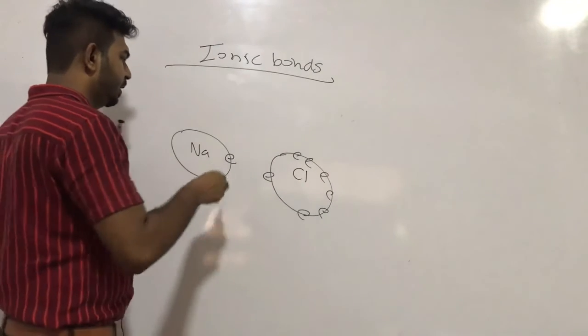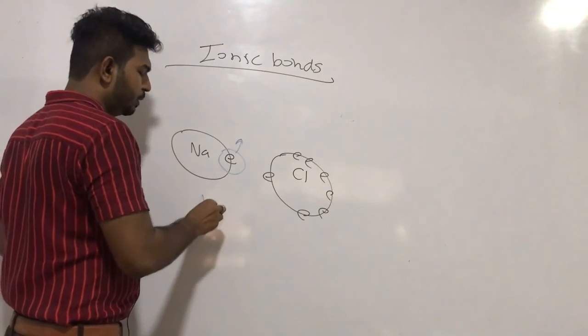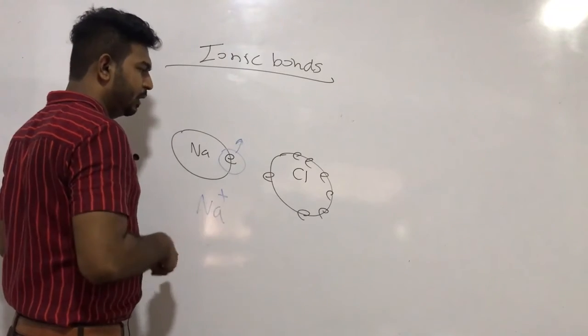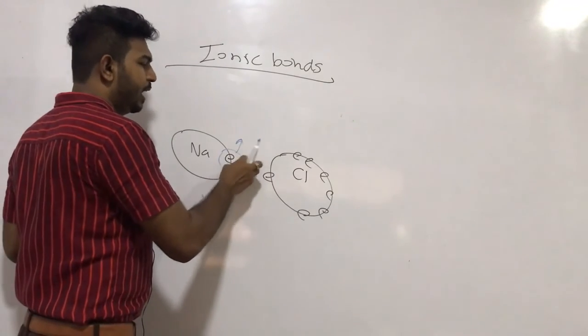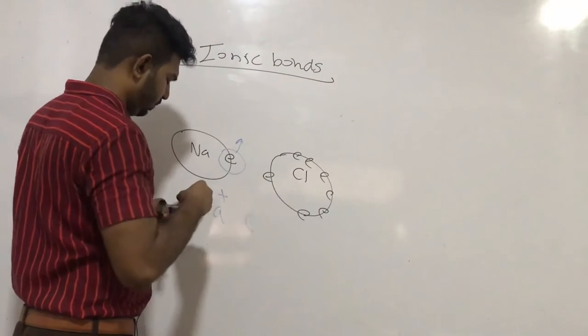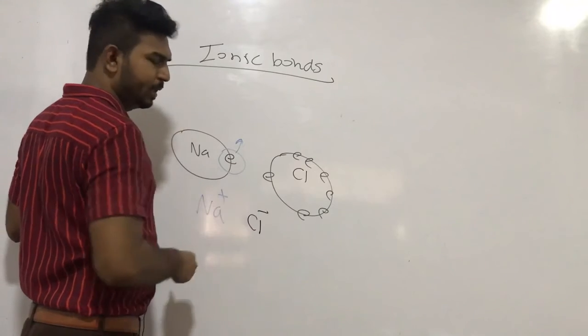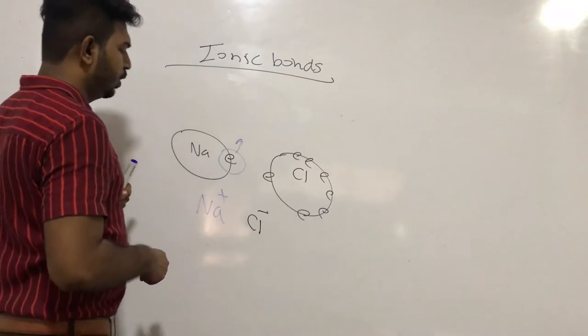The electron is removed from sodium, forming a Na plus ion, and it is absorbed by chlorine, forming a Cl minus ion.